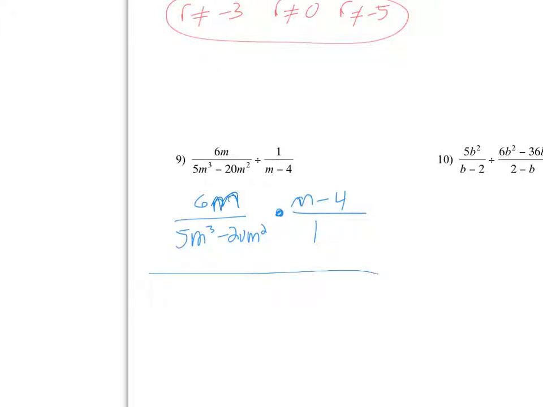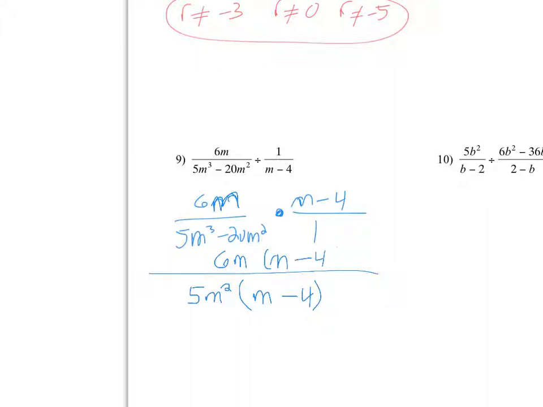So I'm going to pull out a 5. It looks like 5m squared is common. 5m squared times m gives me 5m cubed, and then minus 4, or negative 4, gives me 20. Oh my gosh! So 6m times m minus 4.